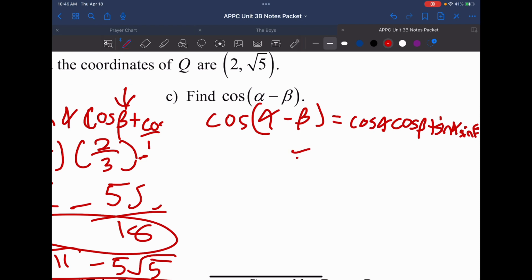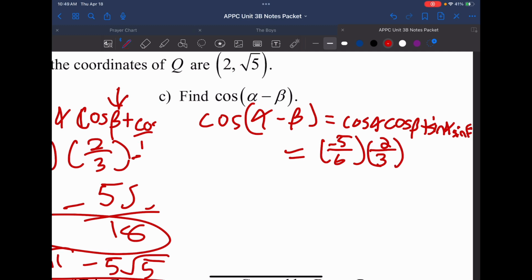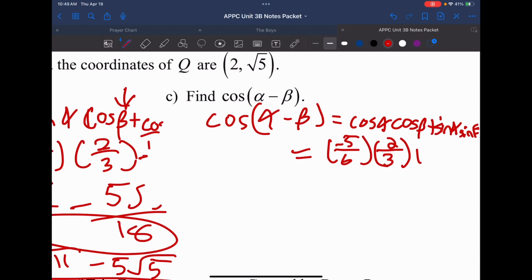And that's the same thing as cosine of alpha, which we already found was negative 5 over 6. Cosine of beta is 2 over 3. And then sine of alpha is square root of 11 over 6.